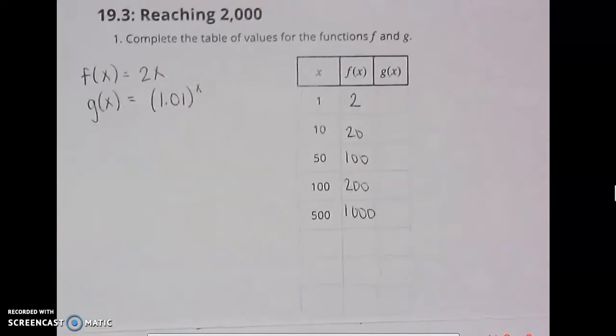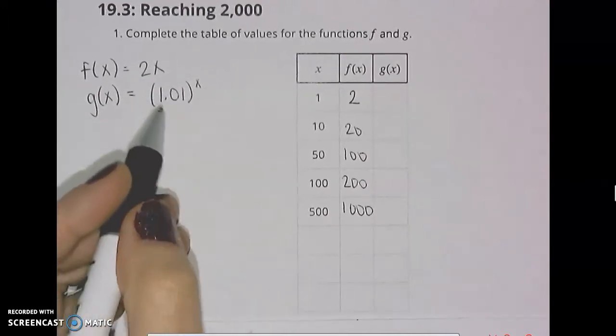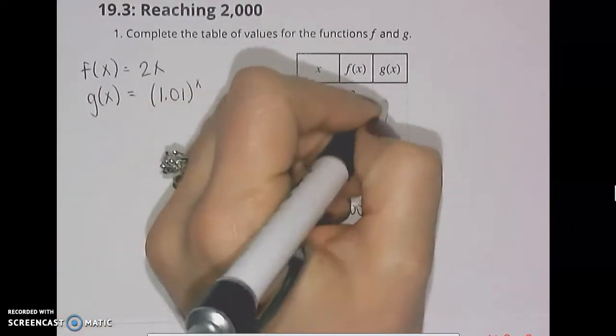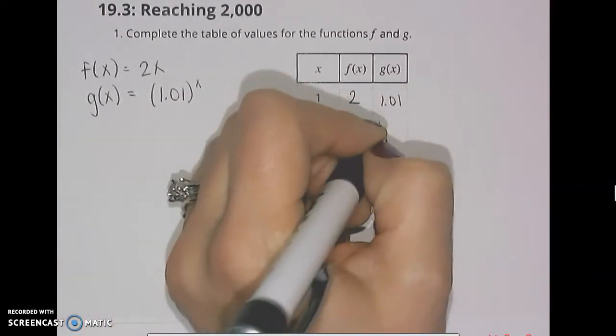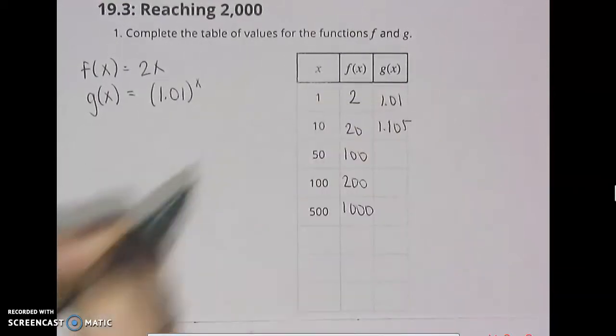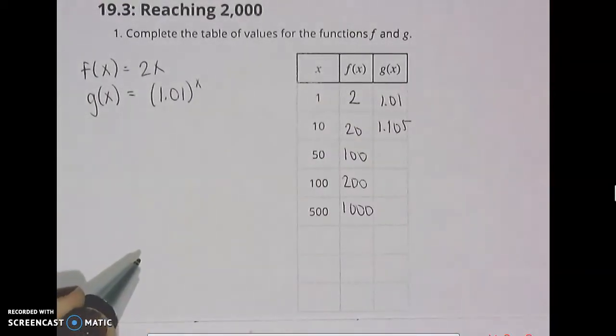Okay, so we're going to do the same thing with the g of x function. We're going to take 1.01 to the first and get 1.01, 1.01 to the 10th and get 1.105. Now these are approximated answers to 3 decimal places.